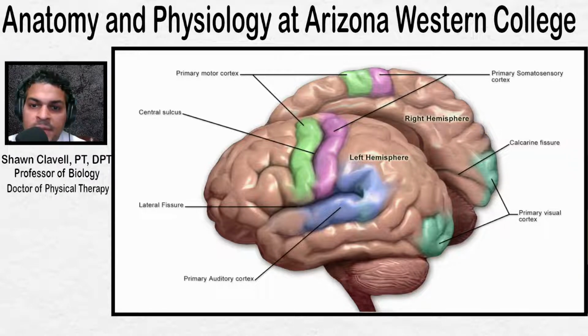So again, let's identify our landmarks first. Our first landmark will be the central sulcus. Our second landmark will be the lateral sulcus or the lateral fissure here.